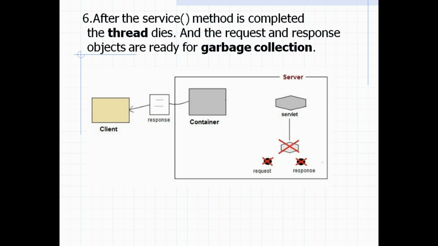That means the destroy method will take place, the request and response objects are ready for garbage collection, and a response is sent back to the client. So this is how a servlet works. There are six steps in how a servlet works.